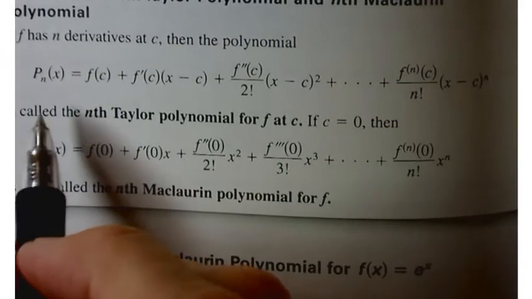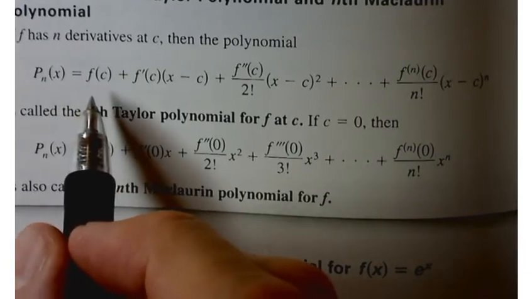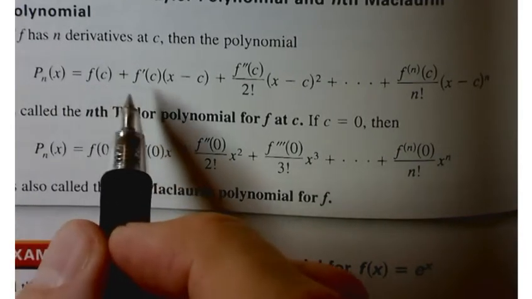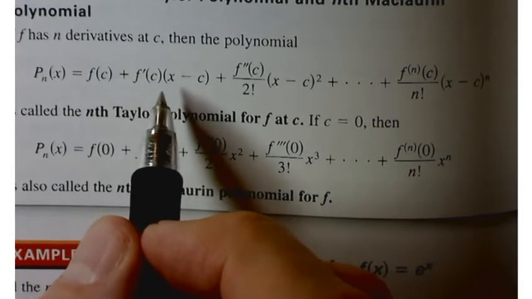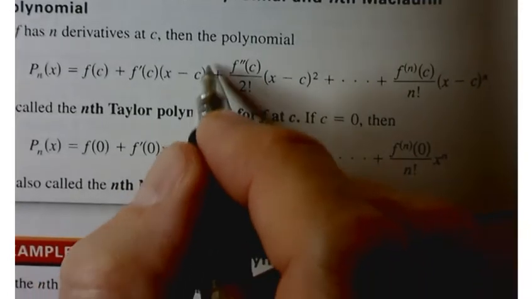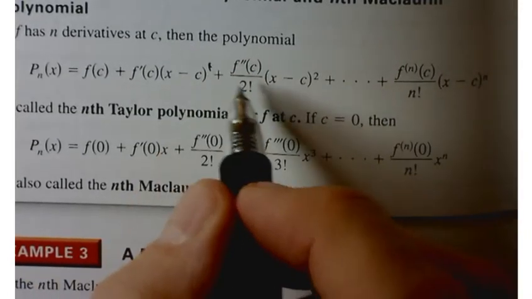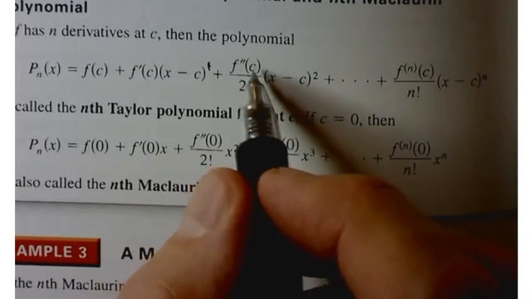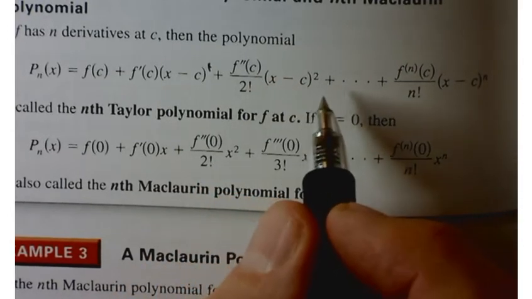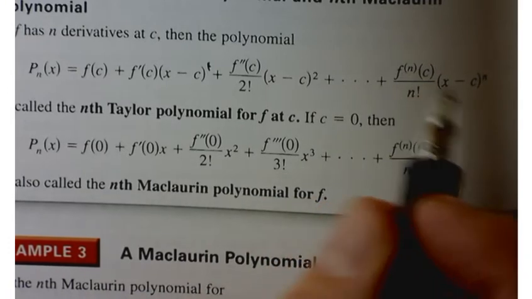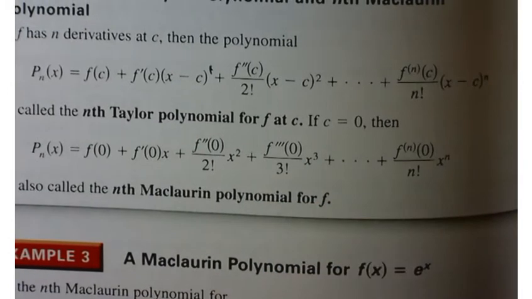So our nth degree Taylor polynomial, we're going to have the value of the function plus a derivative at some point, that's the center of our function, times x minus c to the first power, and then f double prime of c over 2 factorial times x minus c squared, etc. And this pattern is going to continue out to the nth term. So wow. Let's try that for the simple case when c is equal to 0.